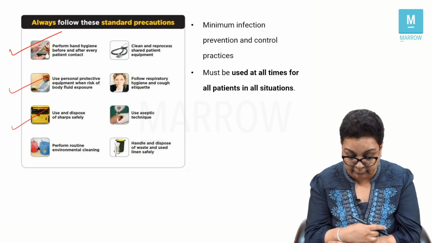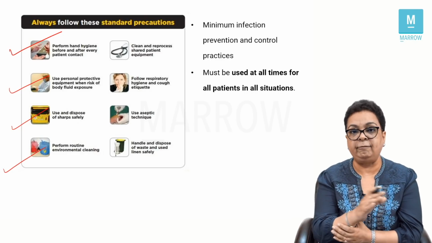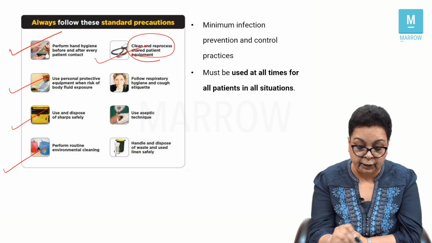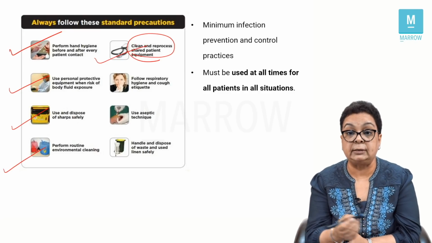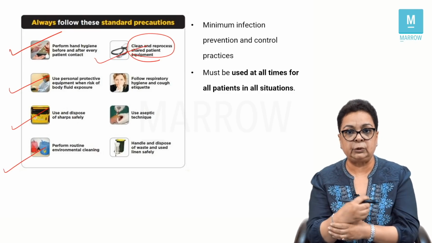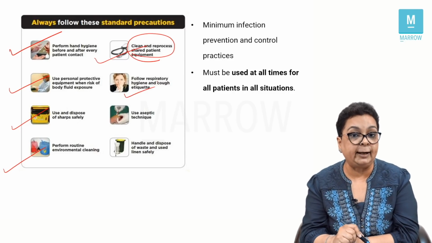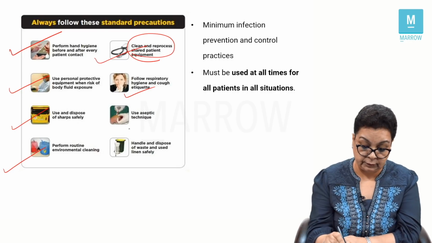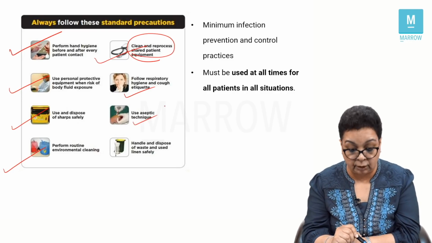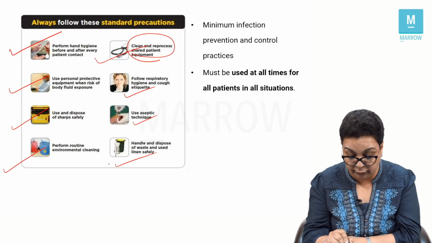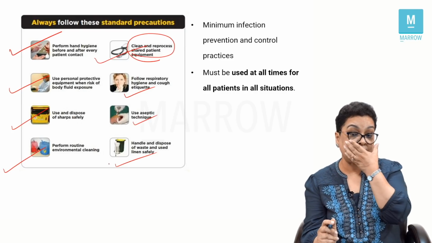Dispose of sharps safely, perform routine environmental cleaning, clean and reprocess shared equipment in hospitals like your stethoscopes and the BP machines, follow respiratory hygiene and cough etiquette, use aseptic technique, and lastly, handle and dispose of the waste and used linen safely. Right?